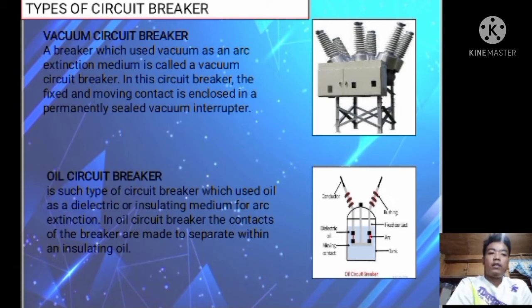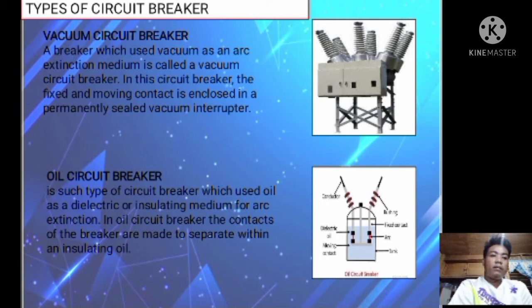And next, the oil circuit breaker. Yung oil circuit breaker naman, ito yung such a type of circuit breaker which uses oil as a dielectric or insulating medium for arc extinction. So, in oil circuit breaker, the contacts of the breaker are made to separate within an insulating oil.